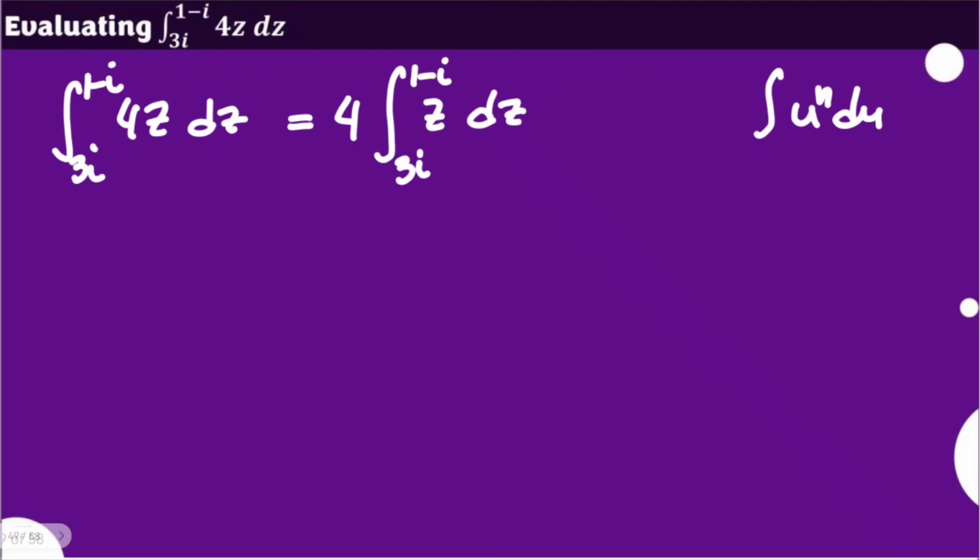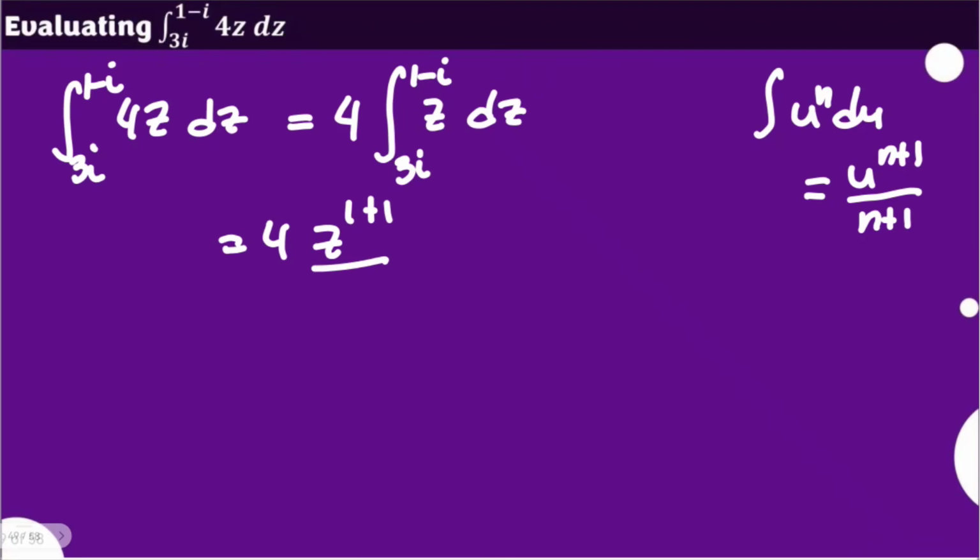So this is actually equivalent to u to the n plus 1 over n plus 1. So you have here 4 times z to the 1 plus 1 over 1 plus 1, or basically, that's just simply z squared over 2, evaluated from 3i to 1 minus i.